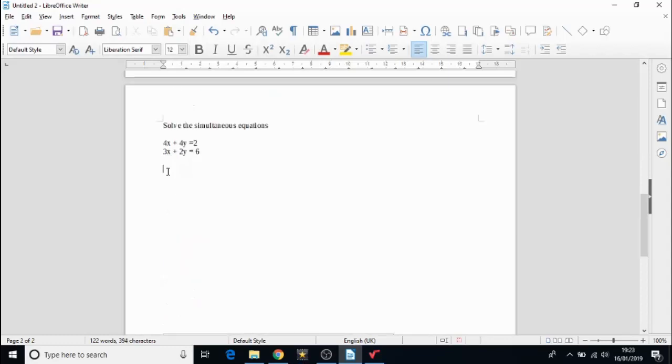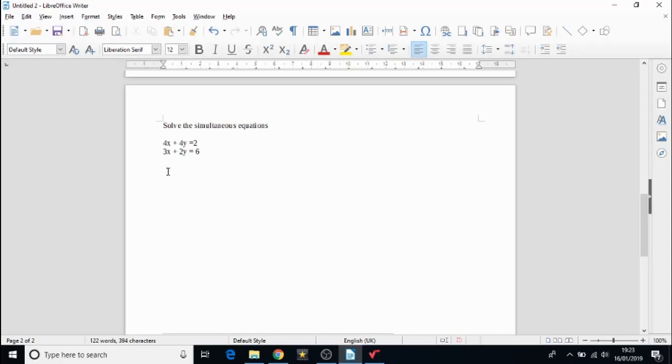On to our second question. Solve the simultaneous equations 4x plus 4y is equal to 2 and 3x plus 2y is equal to 6. Similar process as we did to the first question. We want to eliminate one of the unknown variables.